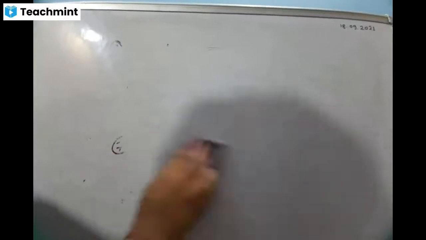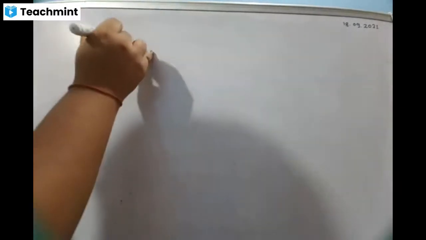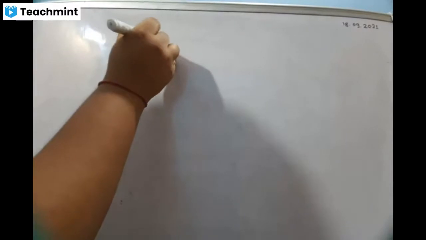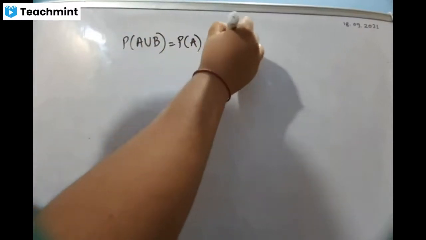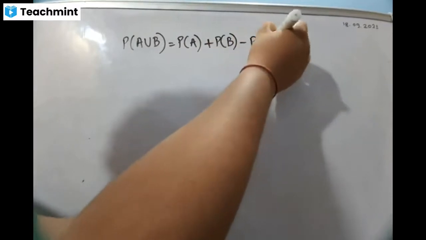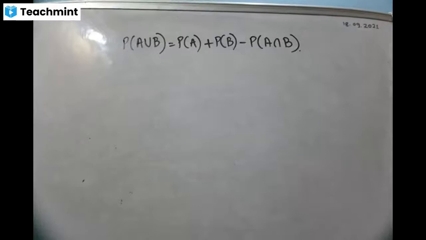Now everyone, those who joined late or could not do yesterday's class, first, the main formula is probability of A union B is equal to probability of A plus probability of B minus probability of A intersection B. So this also comes from the Venn diagram itself.